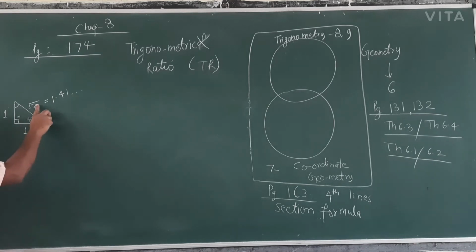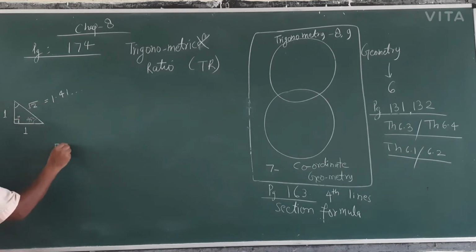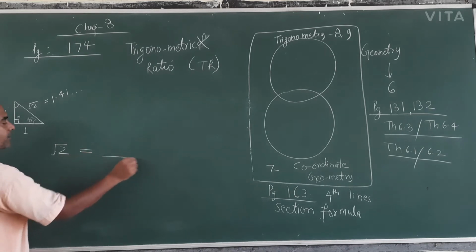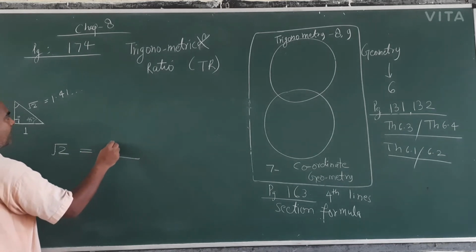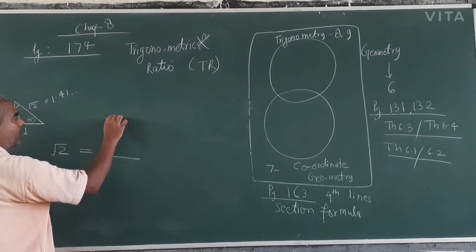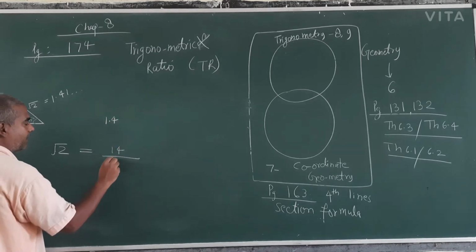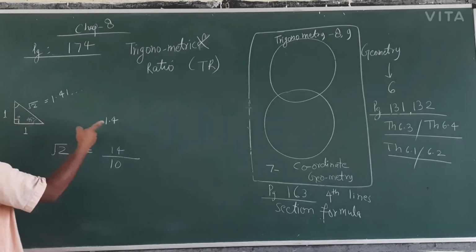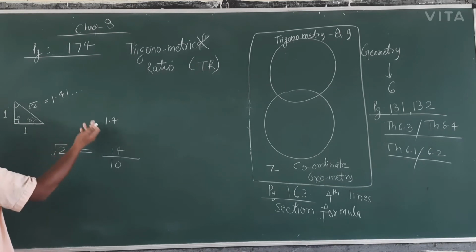And that was found by Pythagoras at that time. He had an intention to write under root 2 as something upon something. He wanted to write, just like 1.4, you can write 14 upon 10. Suppose I take only an approximation, 1.4.